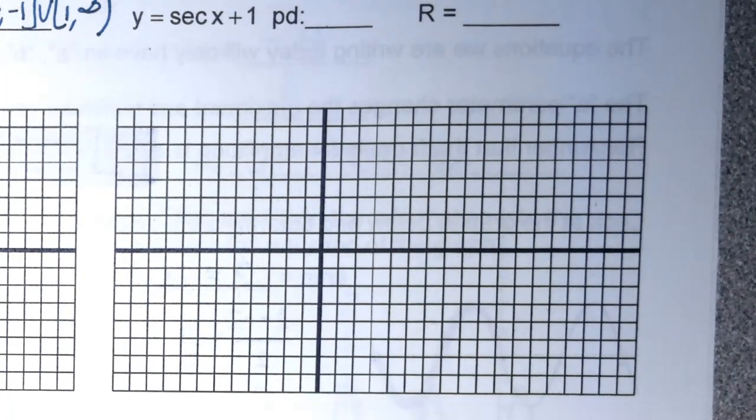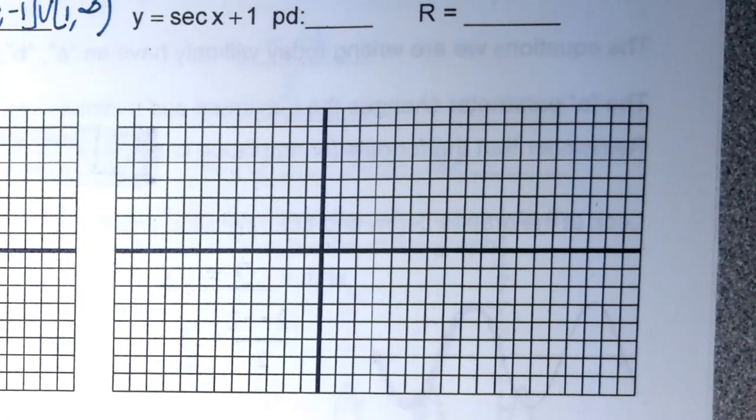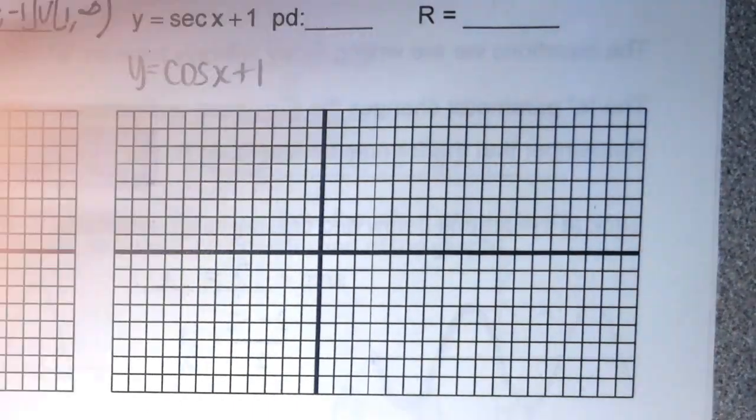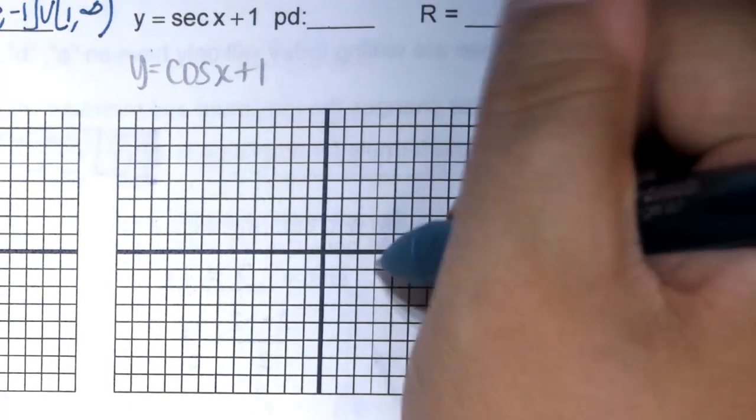2-day week, no. Okay, this last example that we're doing is kind of a special case. Not that it's super different, but I do need to note one thing for y'all. So please do not go ahead because you might mess up. Y equals secant x plus 1. What do I want you to graph then? Cosine x plus 1, which means you're shifting up 1.